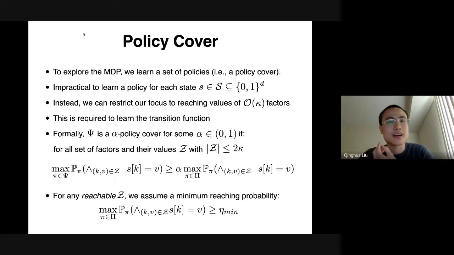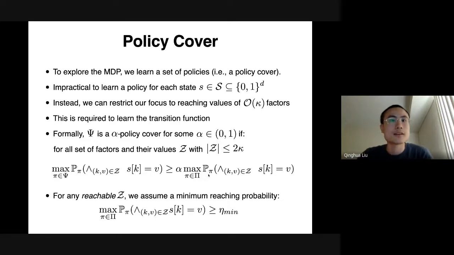If you look at the first inequality, the left-hand side is the probability of reaching a value configuration by some policy in the policy cover, and the right-hand side is the probability of reaching that value configuration by some policy in the universal policy space.